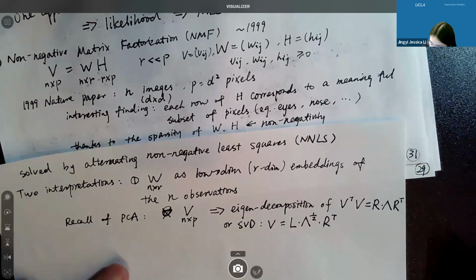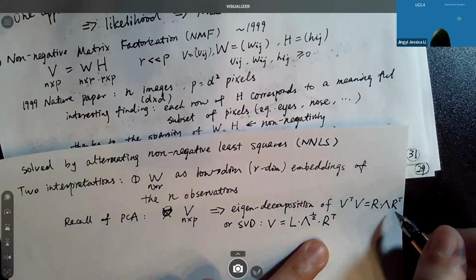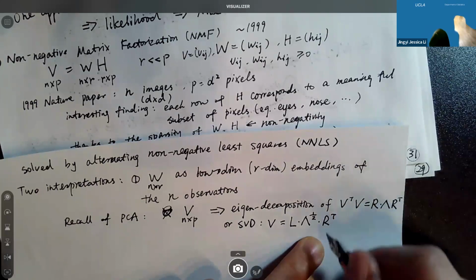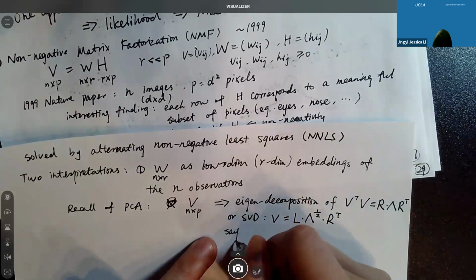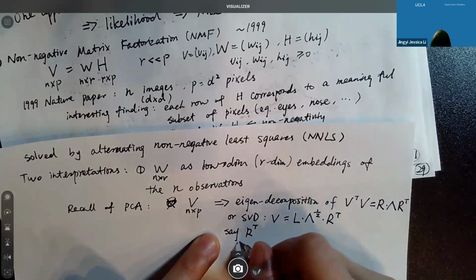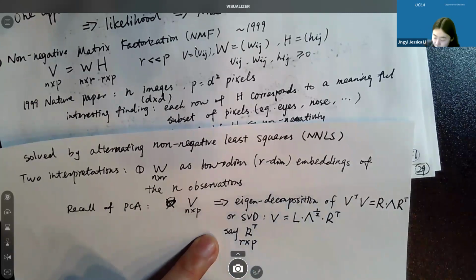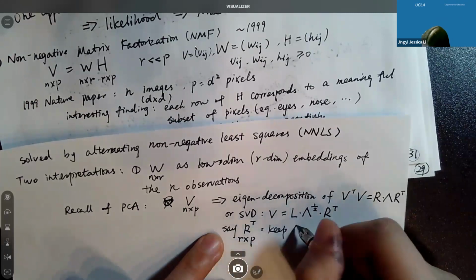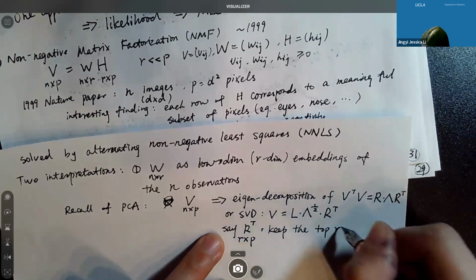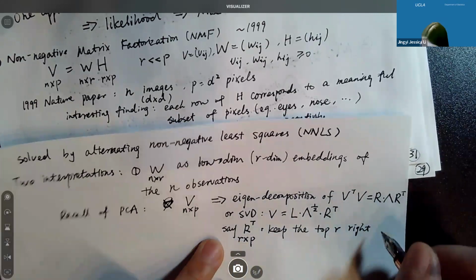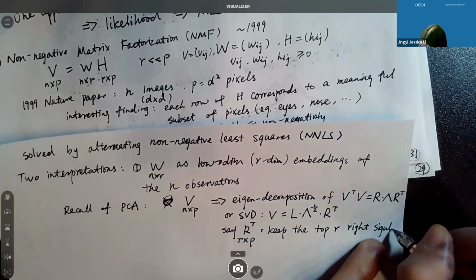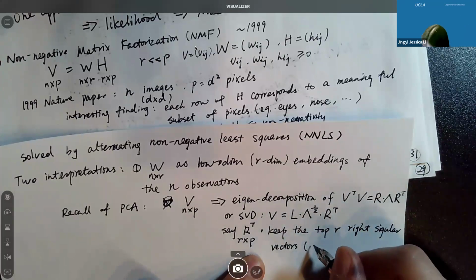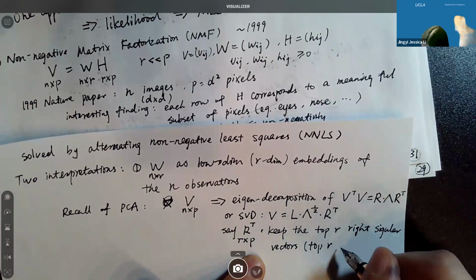Basically, the R transpose is R by P, which means that you only keep the top R right singular vectors, which are exactly the same as the top R eigenvectors.